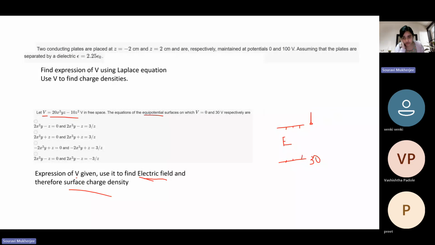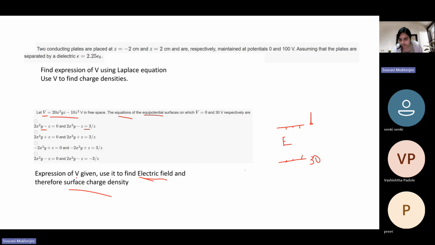If you are given the point, you will have a value of X, Y, Z specified. Based on the relations you get at the two surfaces, which are your equations of equipotential surface, you know the points where you have to find. So you know X, Y, and Z. Once you know X, Y, and Z, you know the exact numerical form of your electric field, and you can find the magnitude of electric field, right?